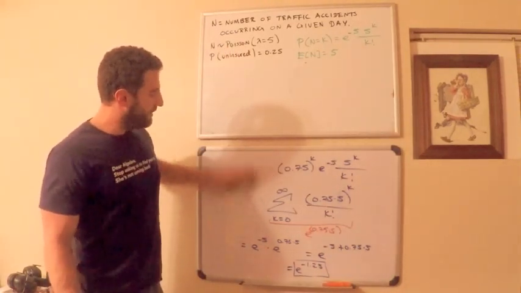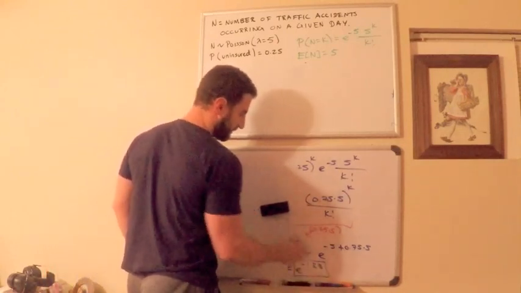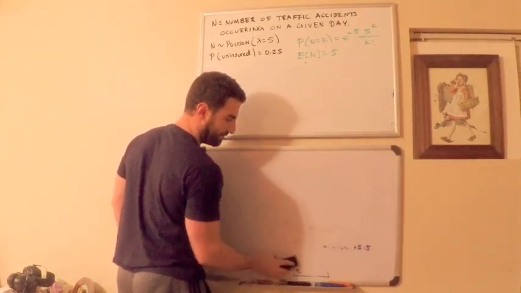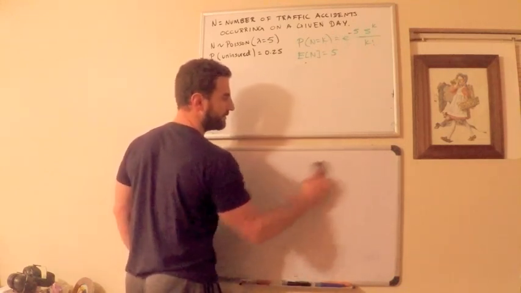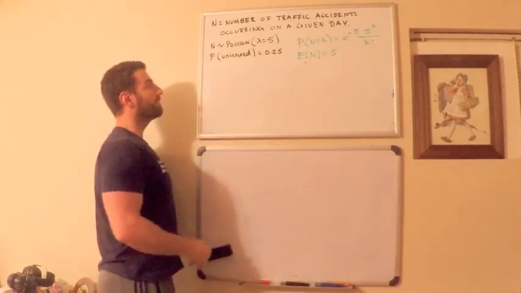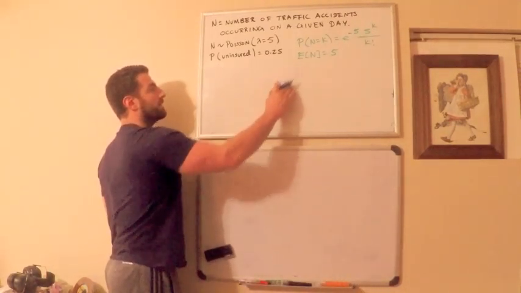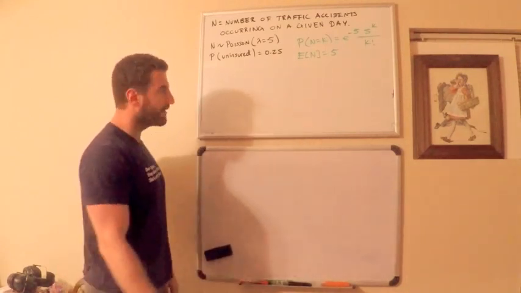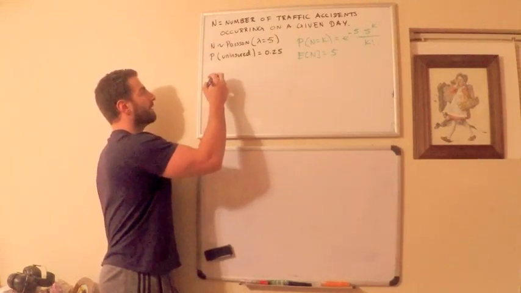If you think about what we're interested in, it's the number of accidents that do not involve uninsured drivers. So I want to define a new random variable for a given day. You've run out of letters, right? I already used k and n, so I'm going to call it m.